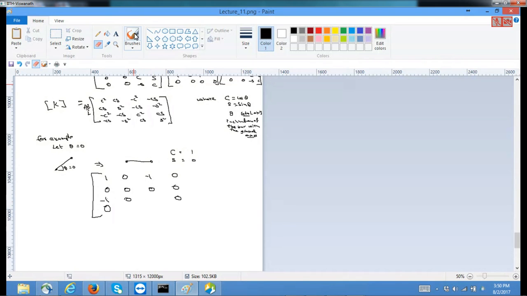C square is 1, which is nothing but what we have done in the previous case. So our k has been reduced to the same thing.